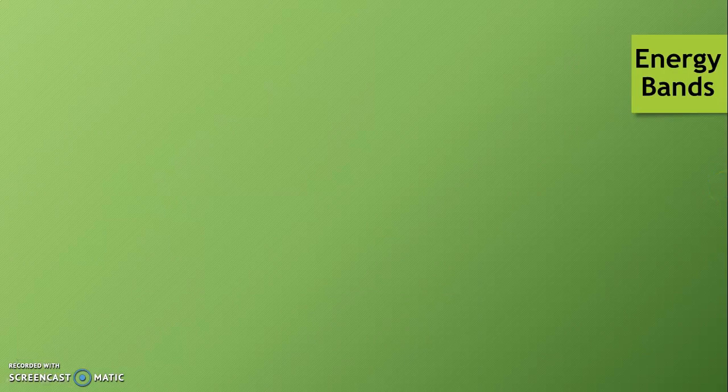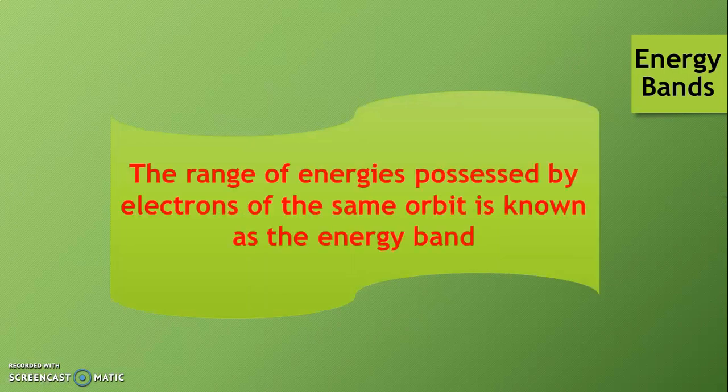Now let us study energy bands. In an isolated atom, so far we have talked about energy levels, that is correct. But we have a number of electrons in each orbit and all the electrons possess slightly different energy.